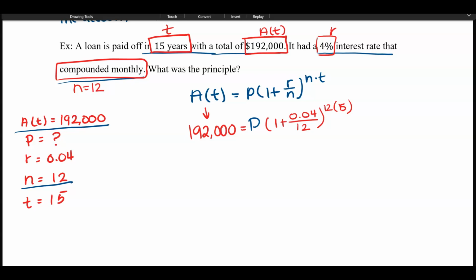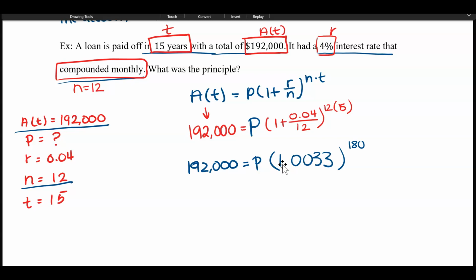So we're basically finding the P value here, the principal value. So we have 192,000 equals P times 1 plus 0.04 divided by 12. All right, so this inside would equal 1.0033. This is going to go to the 180 power.